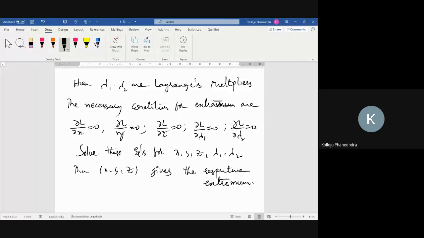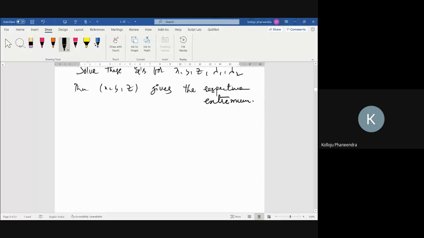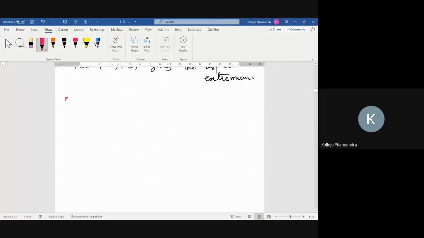Now, let us solve one problem. First one. Given x plus y plus z equal to a, find the maximum value of x to the power of m, y to the power of n, z to the power of p.